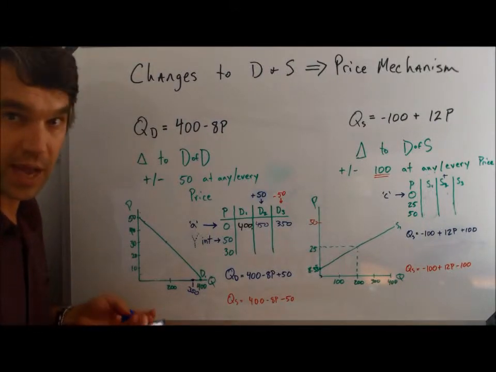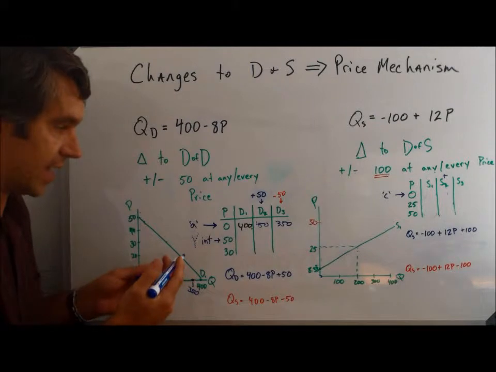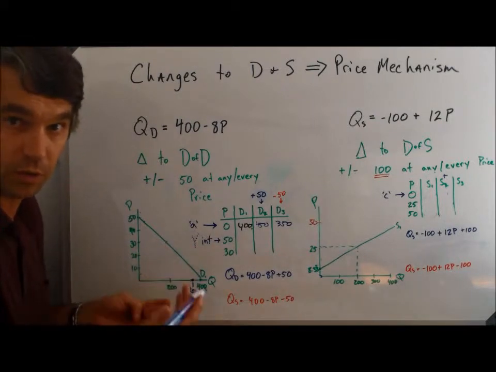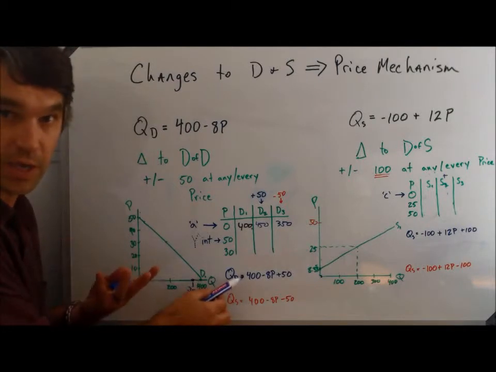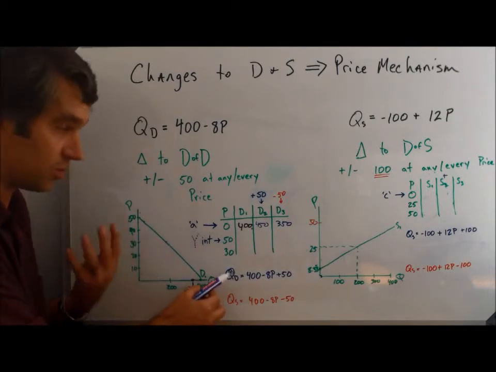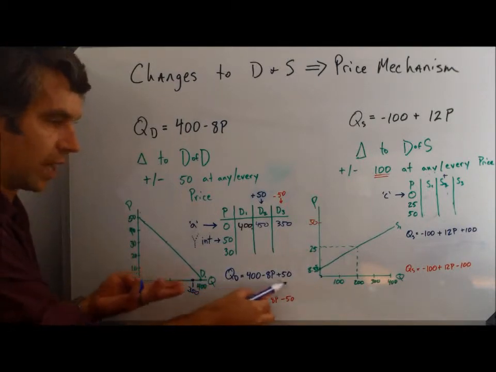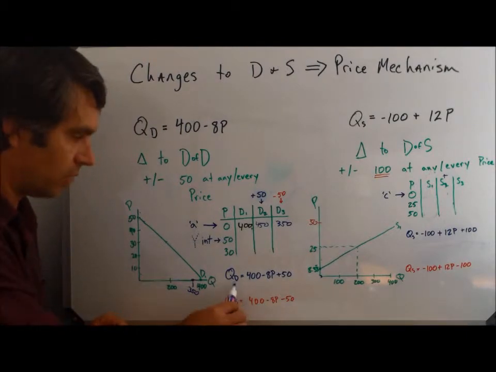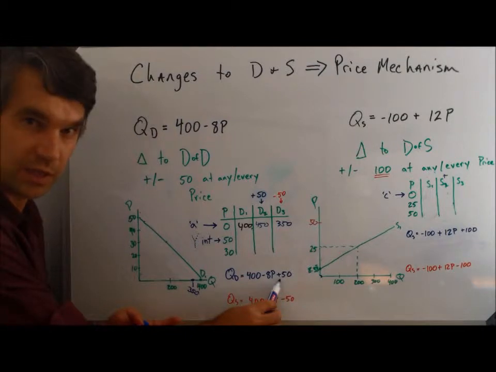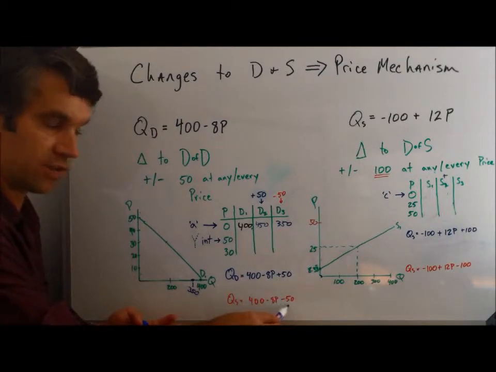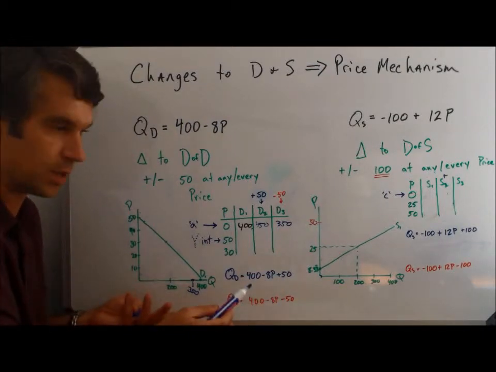To show that, out of the diagram, but then into a formula itself, we just go right down here. And we take that information of adding 50, or subtracting 50, and we just write it into the formula. So our old formula was 400 minus 8p, and then we add 50 in the top example, and subtract 50 in the bottom example, then we simplify.